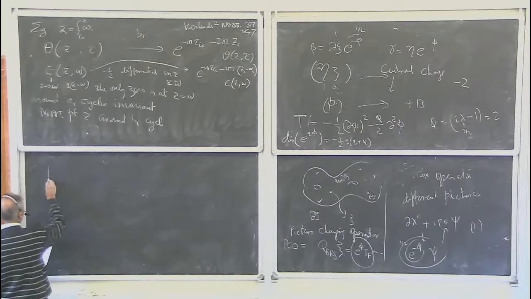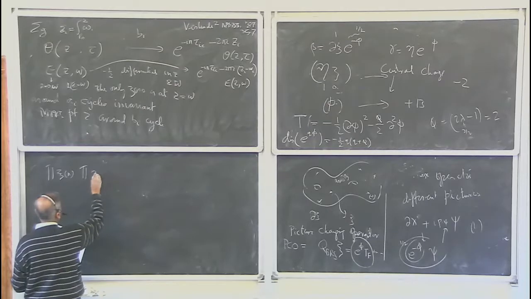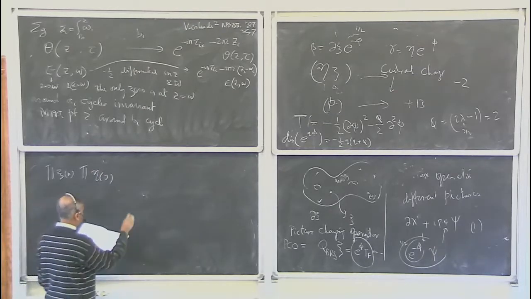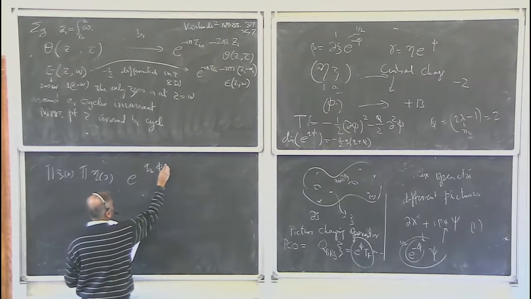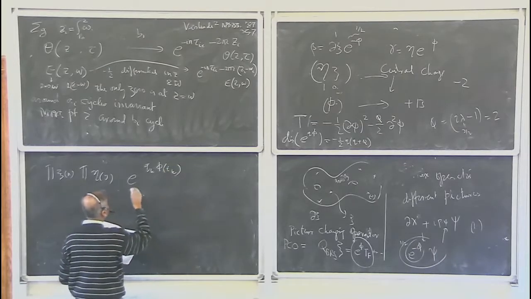They have given a general formula with an arbitrary number of xi's, and some arbitrary number of etas, and exponential of qk phi of say tk.